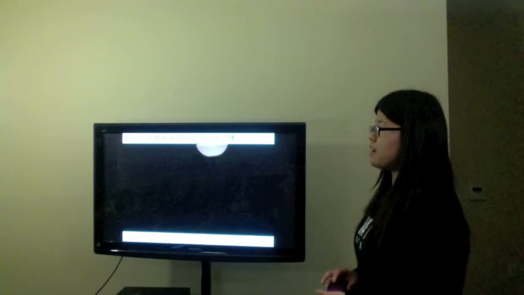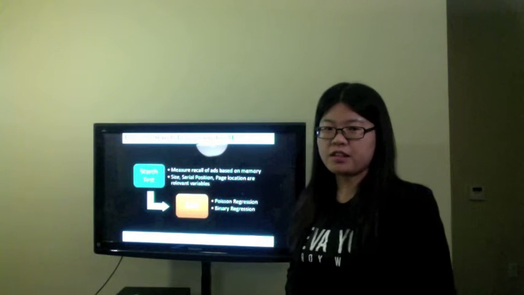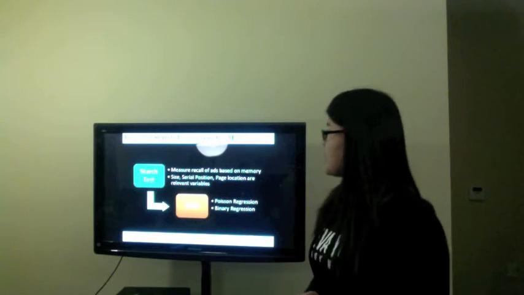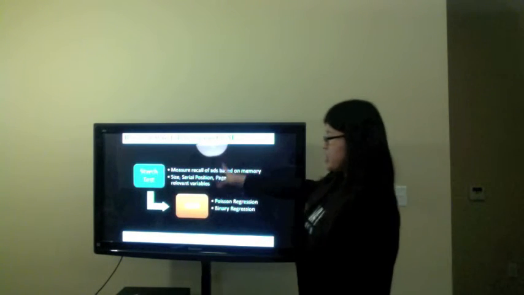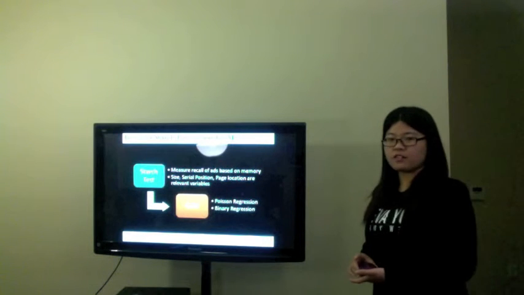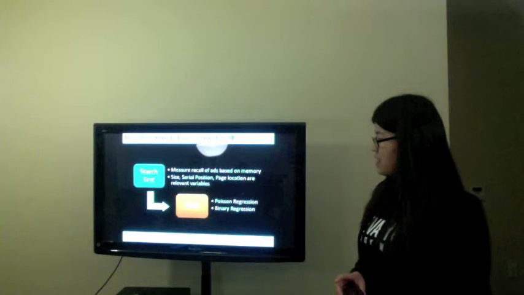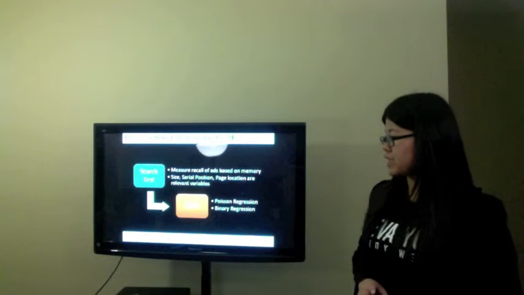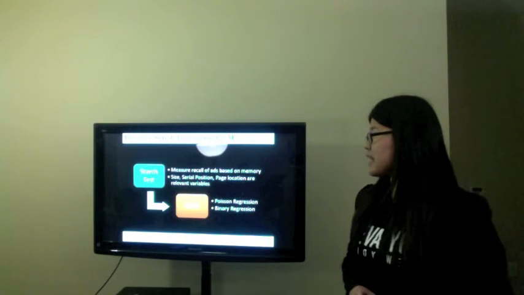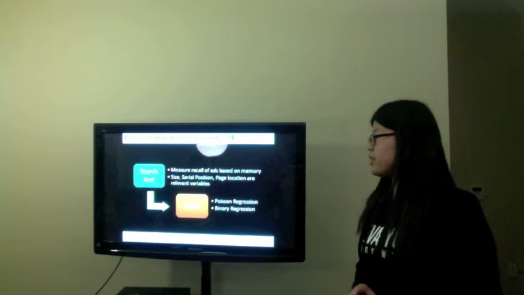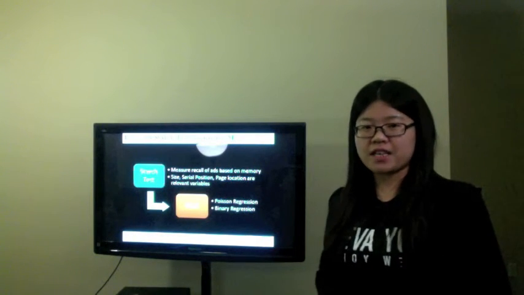About the methodology, there is a widely used measure to assess ANS effectiveness called the Starch test. It measures respondents' recall of ANS based on their memory after they are exposed to the ANS. Based on their findings, they consistently think that size, serial position, and page location are all relevant variables that may impact ANS effectiveness.